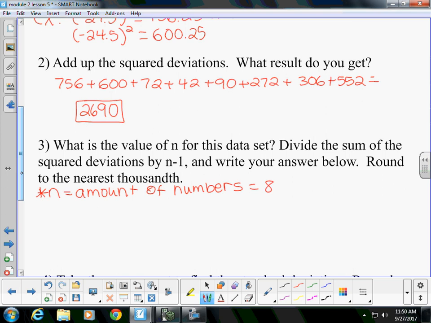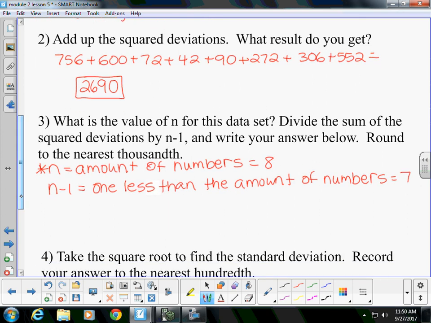So that means in this case, n minus 1, that means 1 less than the amount of numbers, so that's going to be 7. So what we have to do is divide by 7. So we're going to take our answer up here, the 2,690, and we're going to divide that by 7.